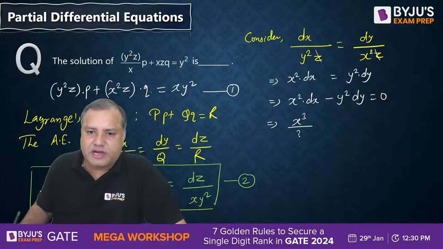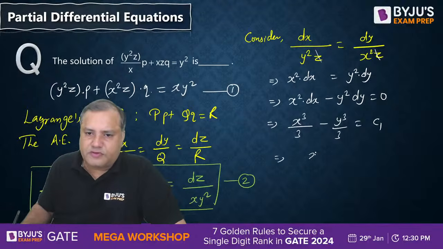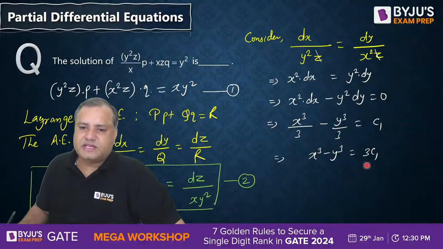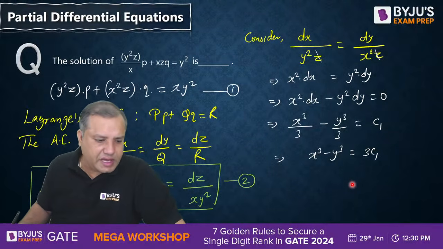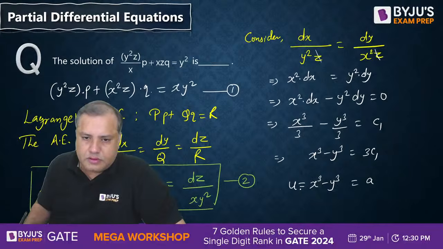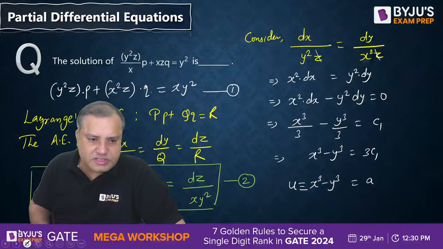You will get x cube by 3 minus y cube by 3 equal to some constant, say c1. So students, x cube minus y cube equal to 3c1. Now we are just replacing this 3c1 by a new constant a. So this is our first solution.